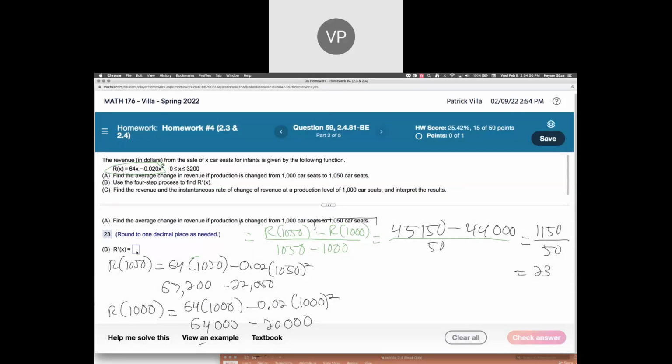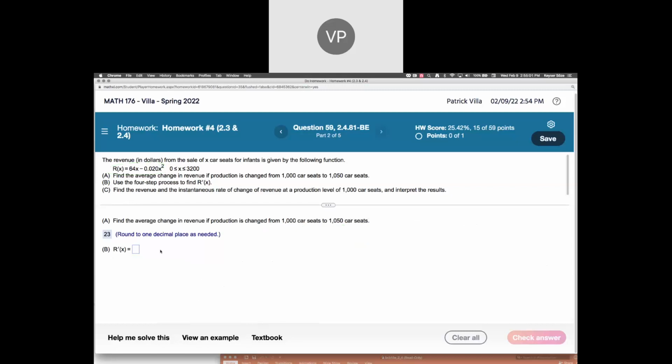Now they want us to find the derivative. Okay, so again, pause the screen if you need to. Review this. Then I'm going to go and clear it all and start all over again to do the derivative. Okay. So remember the first step. We want to find R of x plus h.